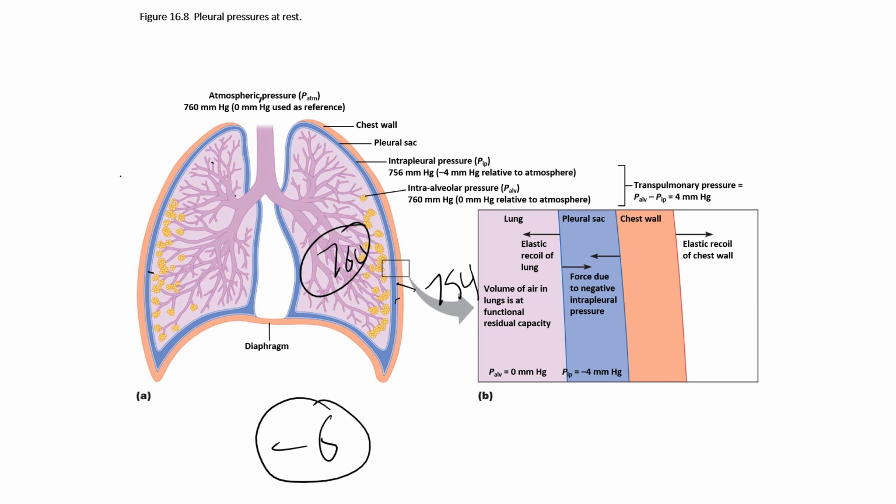Intra-alveolar pressure is 760 and intrapleural pressure is 754. So now there is a -6 millimeter of mercury pressure gradient between the air in the lungs and the air in the pleural cavity. That means the air in the lungs will want to expand outwards towards the pleural cavity much more forcefully, because you have significantly increased the pressure gradient from 4 to 6.